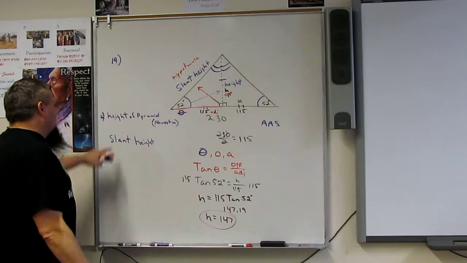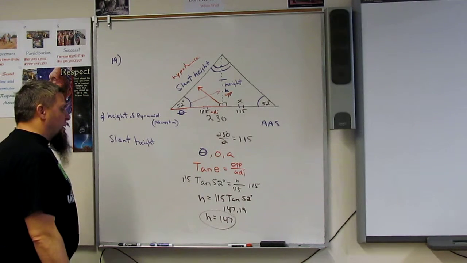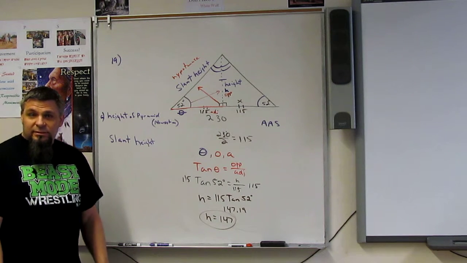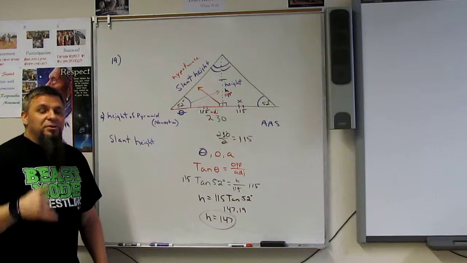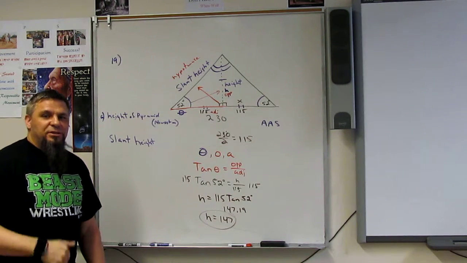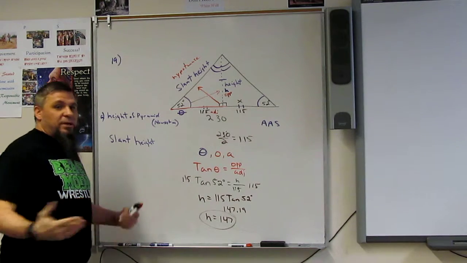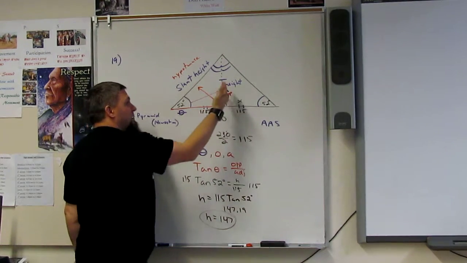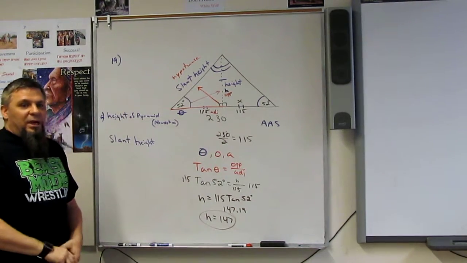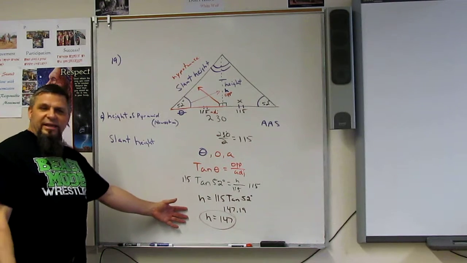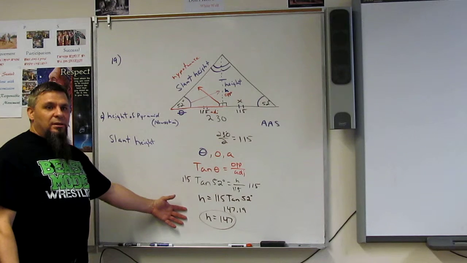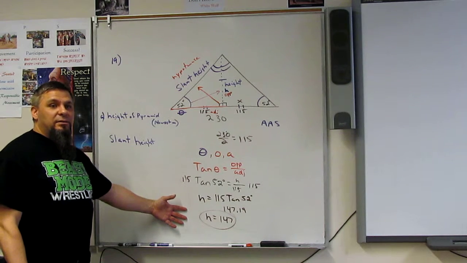Next is the slant height. You can do the same thing, or you can actually use a squared plus b squared equals c squared. But it's kind of easy doing this, isn't it? Plugging this in is calculator work, as long as I know how to plug it in.